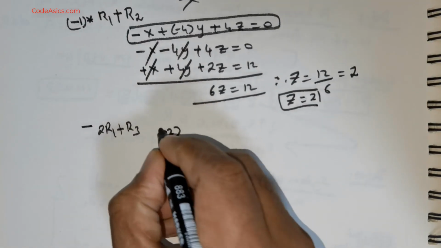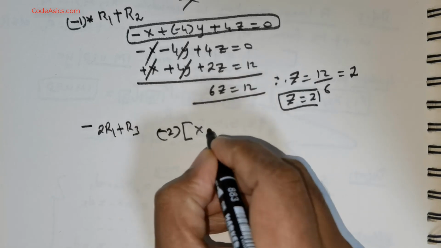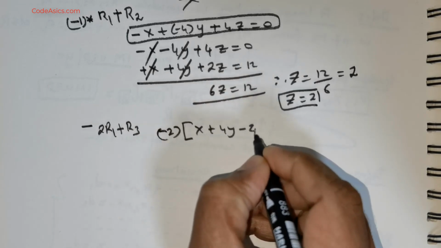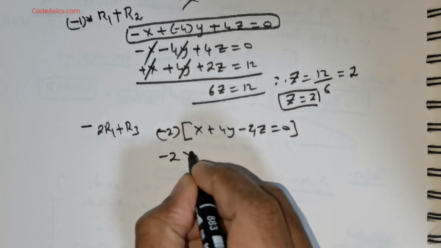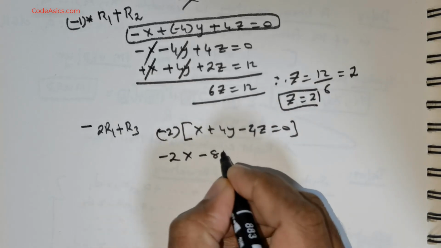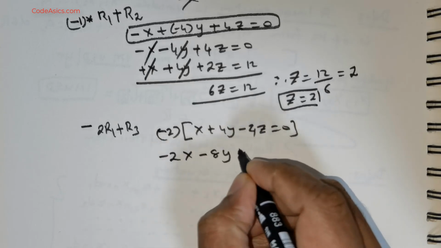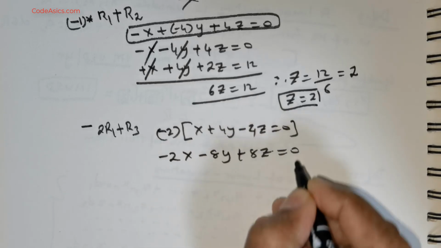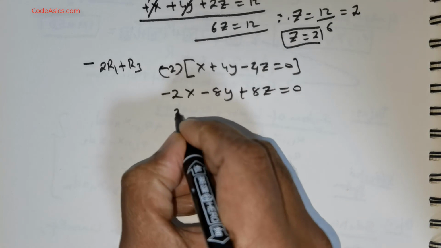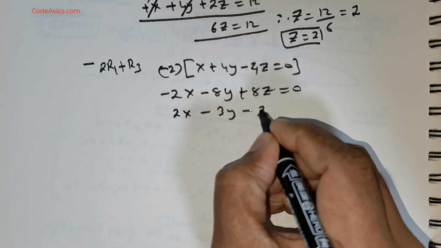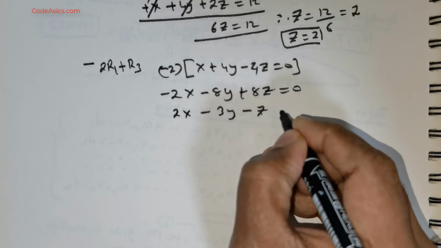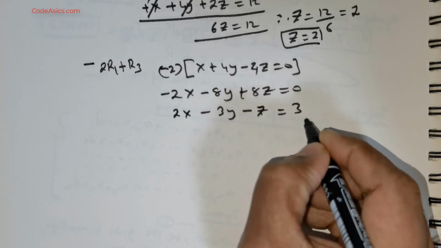Negative 2 times row 1 gives me negative 2 times x, negative 8 times y, positive 8 times z is equal to 0, and my row 3 is 2 times x, negative 3 times y, negative z is equal to 3.